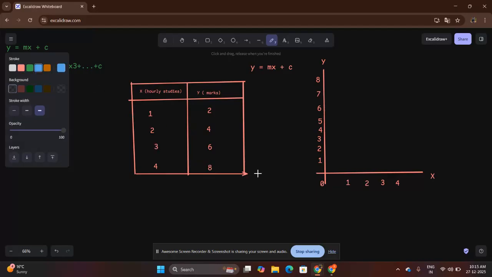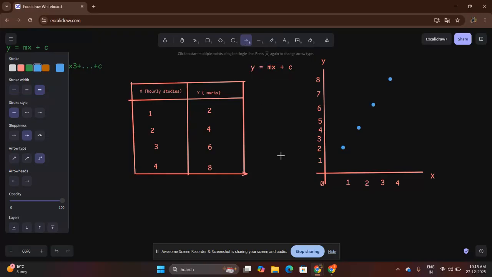For 2 there is 4, that will come over here. For 3 there is 6, and for 4 there is 8, which will come over here.